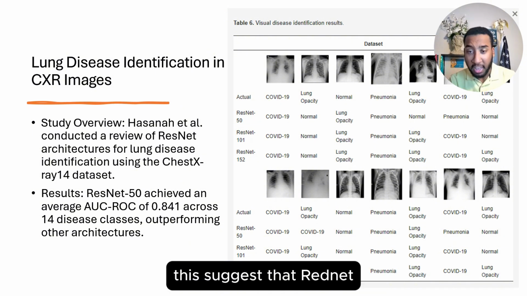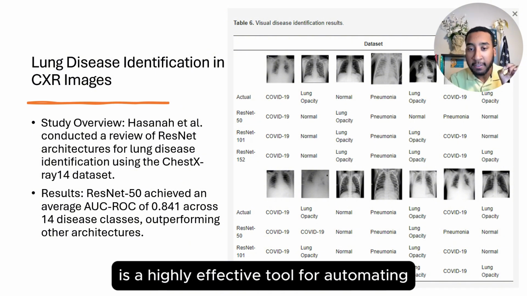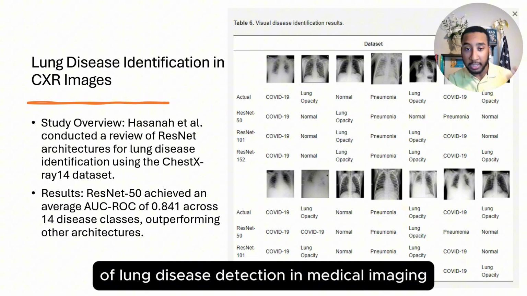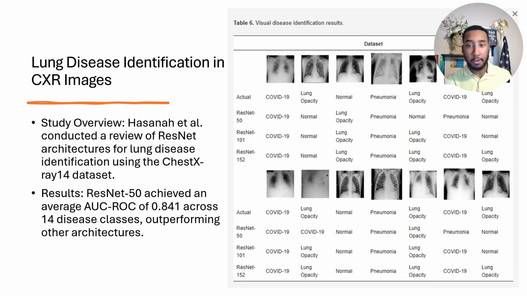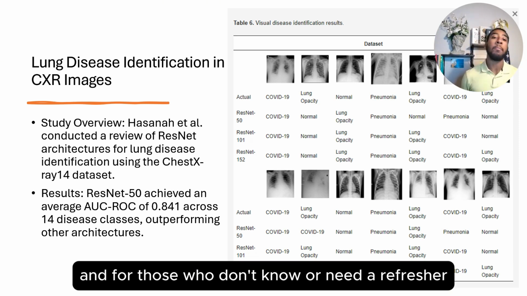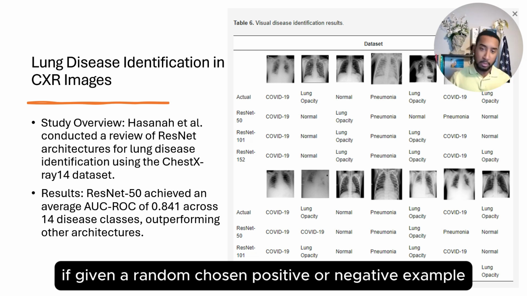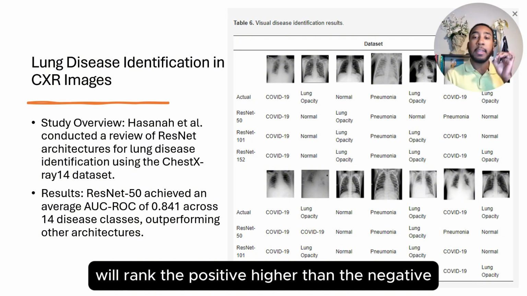This suggests that ResNet is a highly effective tool for automating and improving the accuracy of lung disease detection in medical imaging. And for those who don't know or need a refresher, the AUC represents the probability that the model, if given a randomly chosen positive and negative example, will rank the positive higher than the negative.